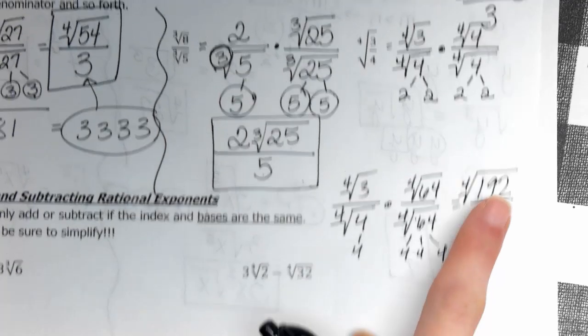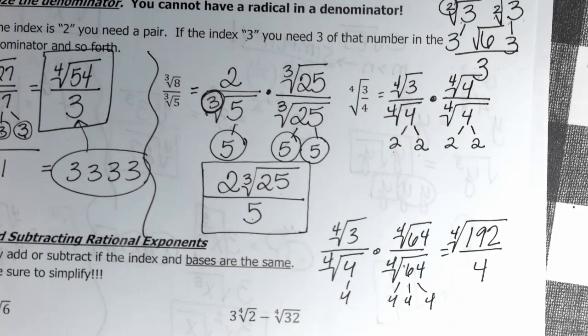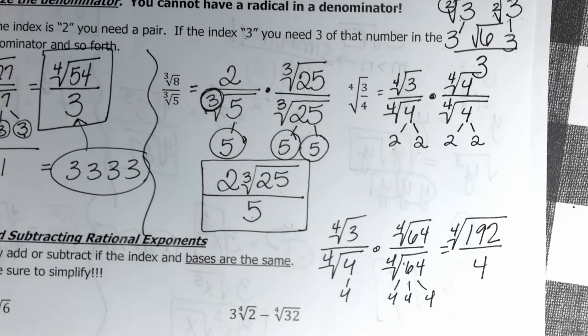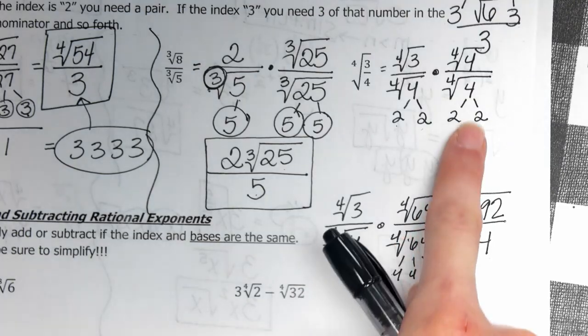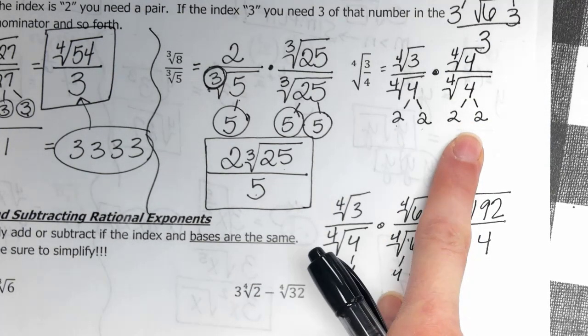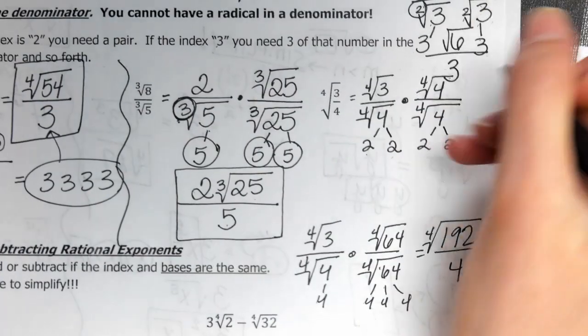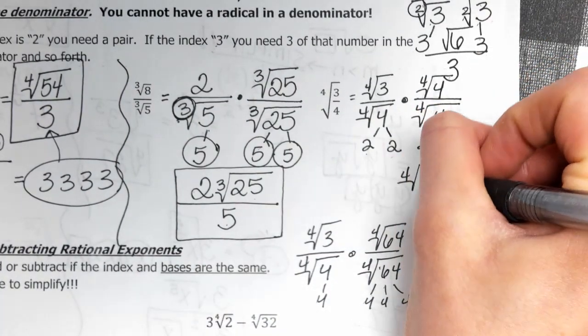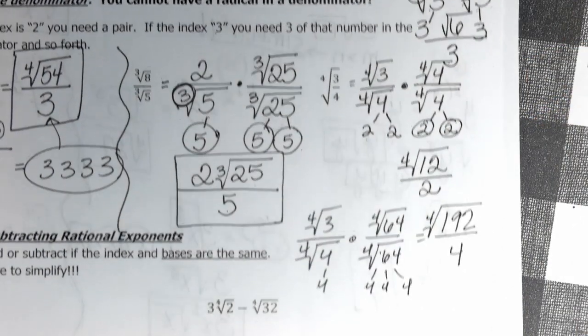Okay? If you want less work and you can recognize your perfect numbers, you can look on the notes in the Google Slides. If you recognize your perfect squares and your perfect cubes, then you can absolutely do that. And then I'm just going to have the 4th root of 12 over my factor, which was 2.